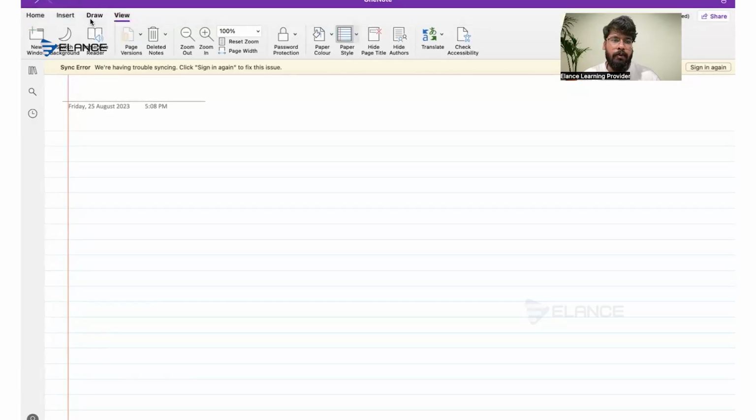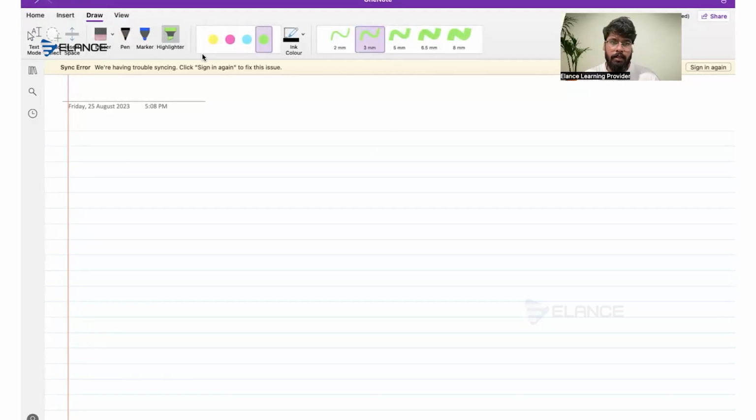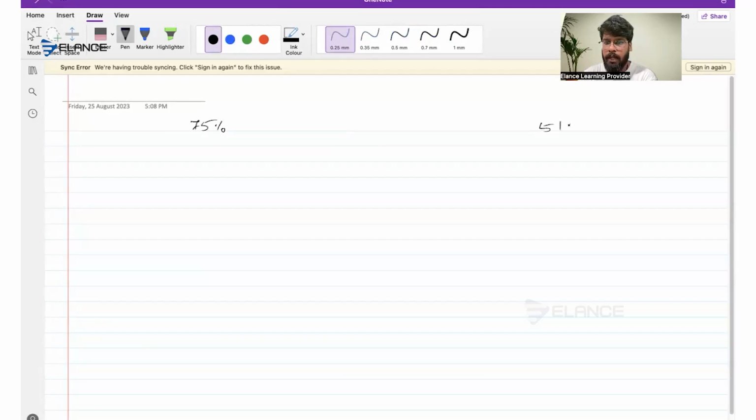The first one is the 75% group, and the second one is the 51% group, or we can call it the capital gains group. These are the two groups we have in the corporation tax syllabus.